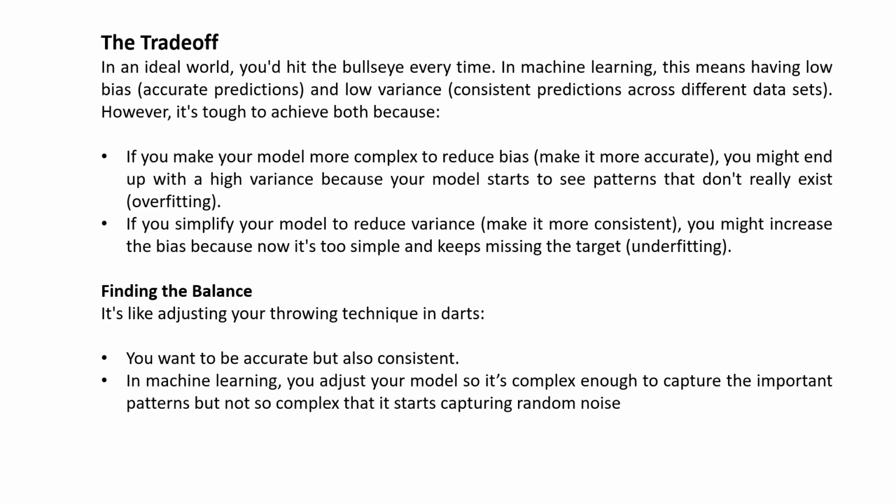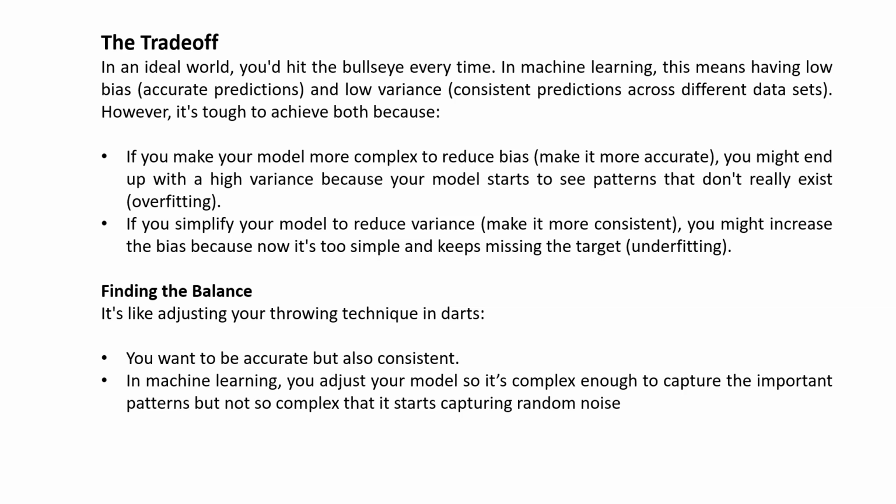If you make a model more complex to reduce the bias, you might end up with high variance. So if I start reducing the bias value, variance will increase because your model starts seeing patterns that do not really exist, which causes overfitting. If I simplify the model to reduce the variance, that means I'm making it more consistent, but the bias will increase.